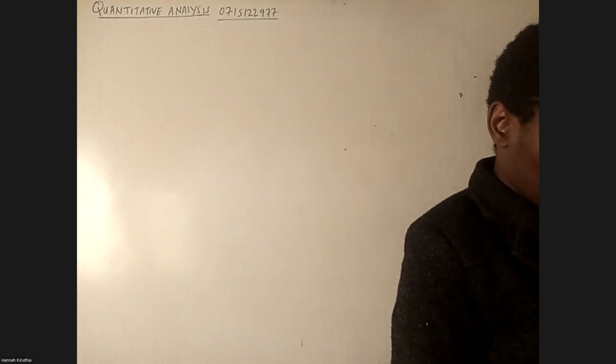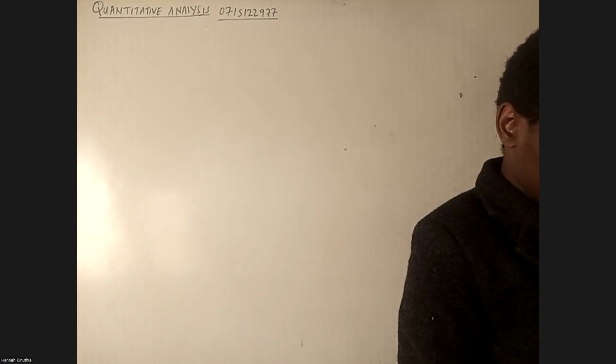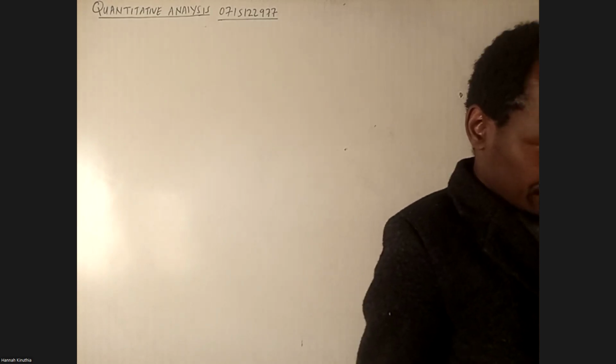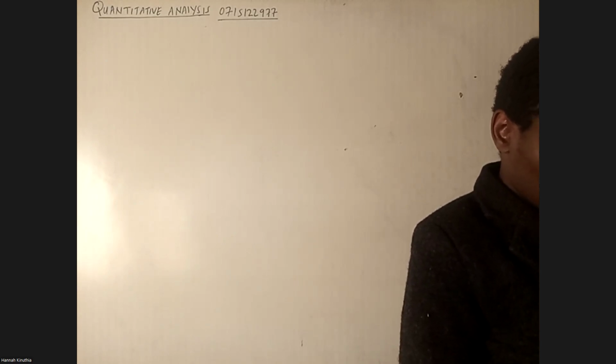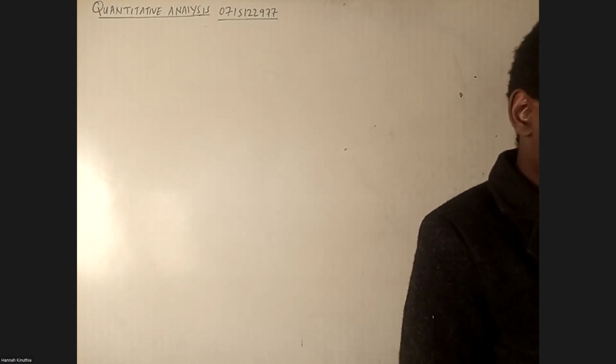Those who managed to join the other class from the Telegram. So what is a matrix? Now when we talk about a matrix, we say a matrix refers to the rectangular arrangement of numbers.